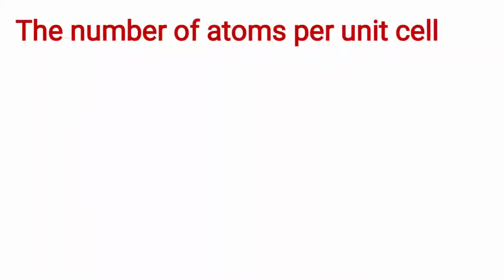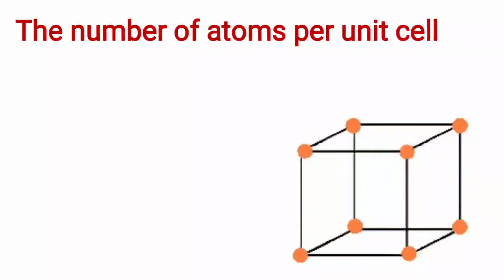So the number of atoms per unit cell. Which unit cell are we talking about? We are talking about a primitive or simple cubic unit cell, where we have atoms at all the corners. And from our understanding, of a corner atom only 1/8 portion belongs to the unit cell.